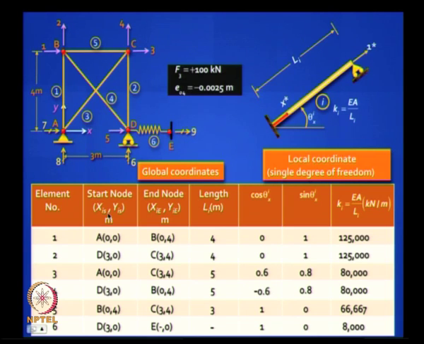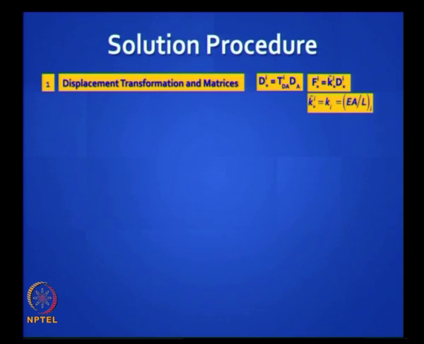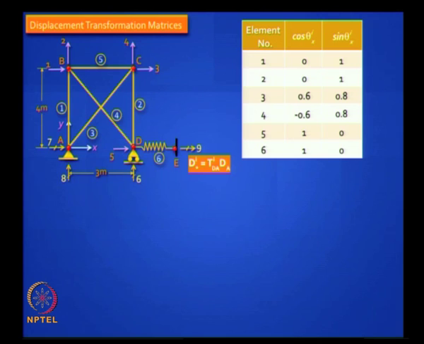Element 1, the start node is A, the end node is B, local x star is moving that way. Element 2 from D to C, element 3 from A to C, element 4 from D to B, and element 5 from B to C, and element 6 from D to E. Is it clear? Because if you reverse, then theta changes. Do you understand? So, let's go through the solution.